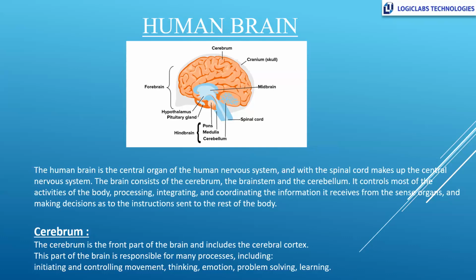We have two different types of nervous system: central nervous system and peripheral nervous system. These are the main important things which we have to remember. Now, I already said there are three different parts. The brain consists of the cerebrum, the brainstem, as well as the cerebellum.